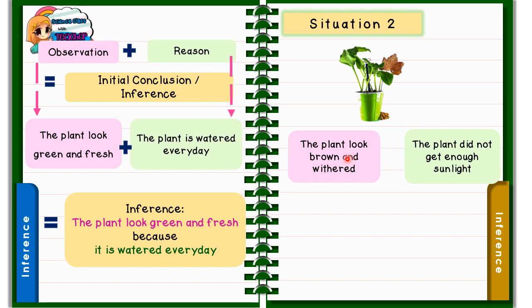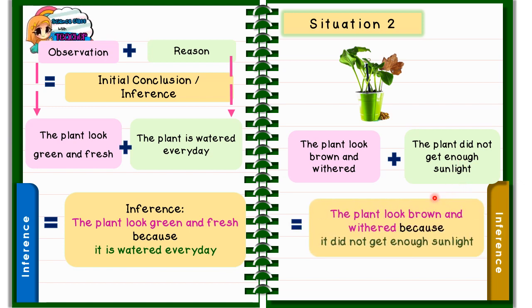The plant looked brown and withered because the plant did not get enough sunlight. So our inference is the plant looked brown and withered because it did not get enough sunlight.